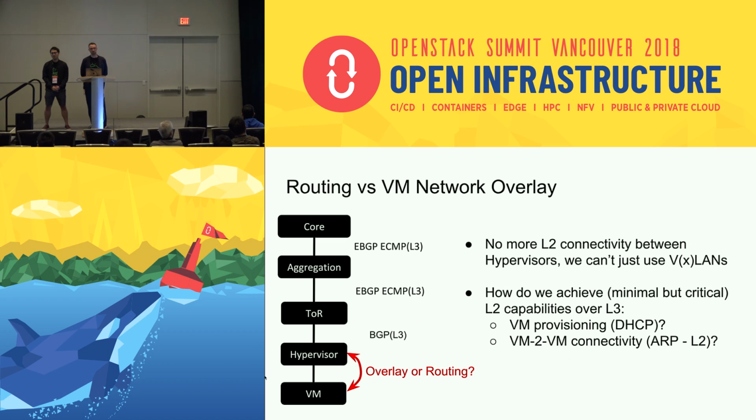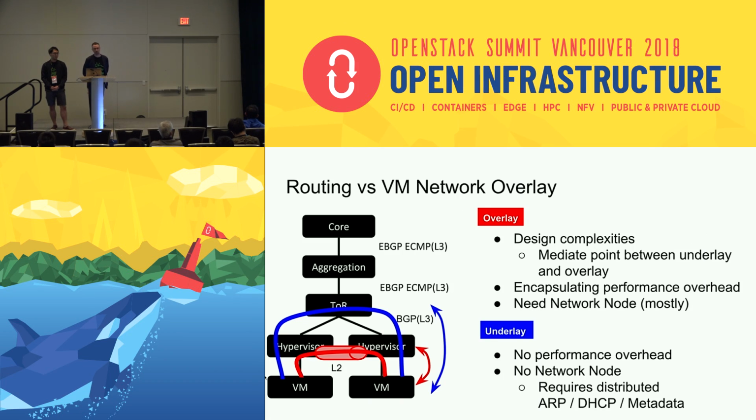But since we already have the benefits of a fully redundant network in the fabric, in TOR to hypervisors, we also considered routing directly between VMs and the hypervisor. Overlay was one option, but we tested it, and we found out that for our workloads, simple routing might be more appropriate.